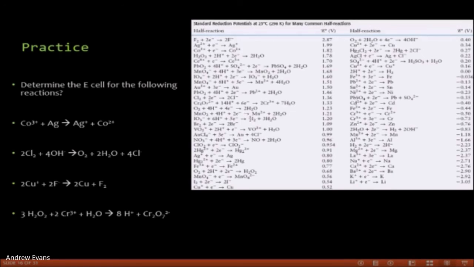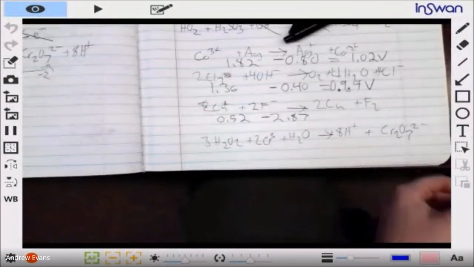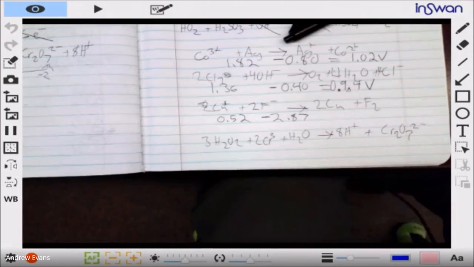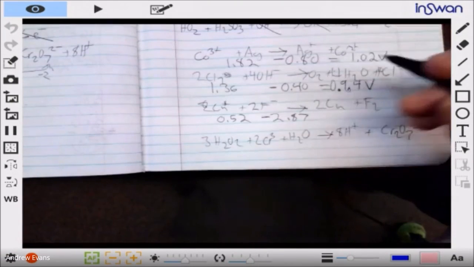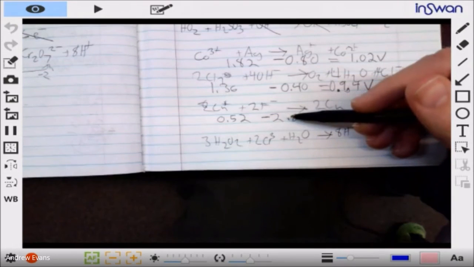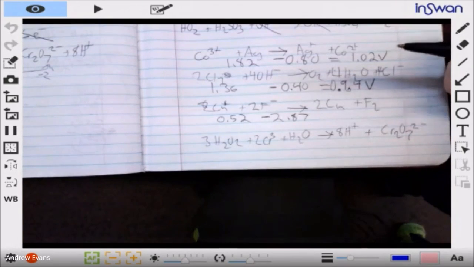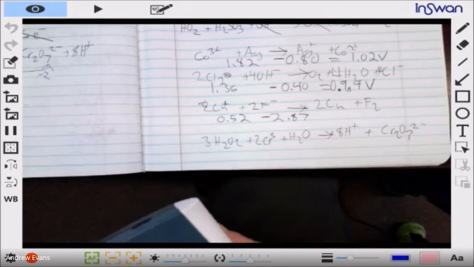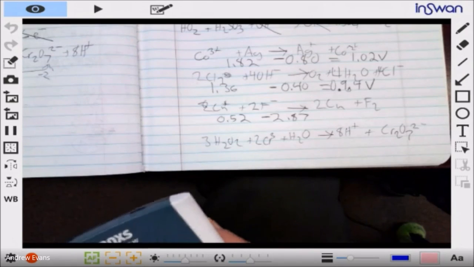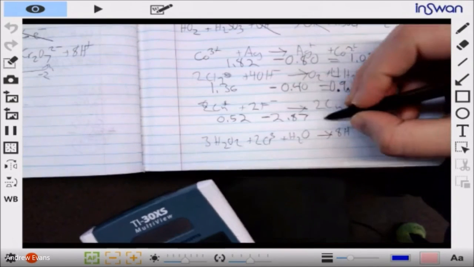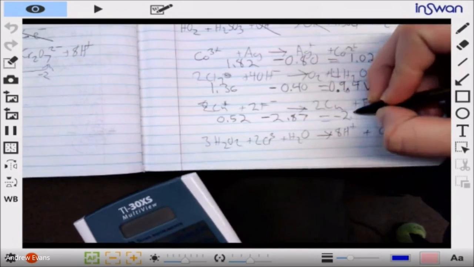That is opposite as written. But for this chemical reaction, we have to use it. This is the chemical reaction we're studying, so this is the one we have to use. So 0.52, 2.87, we get negative 2.35.